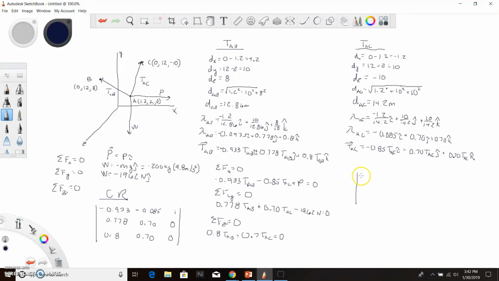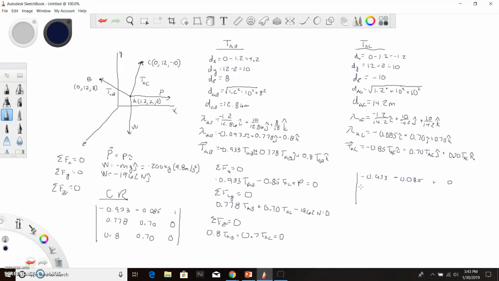Each row is an equation. For the sum of the forces in the x direction: negative 0.933, negative 0.085, and a 1, and it's equal to 0. Oops, I wrote that wrong earlier.